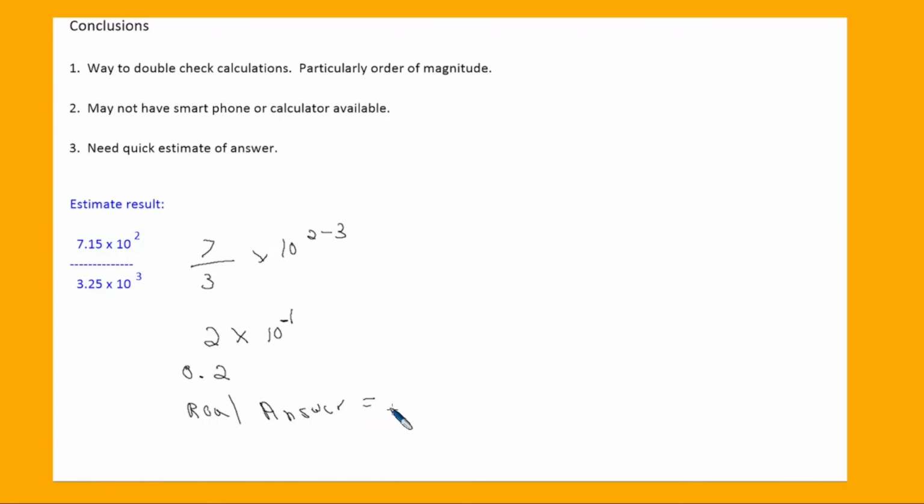The real answer was equal to 2.2 times 10 to the minus 1, which would equal 0.22. And so that is the actual number that comes out, which isn't far from what I estimated. So this concludes working with scientific notation and how to use it in calculations. Thank you very much.